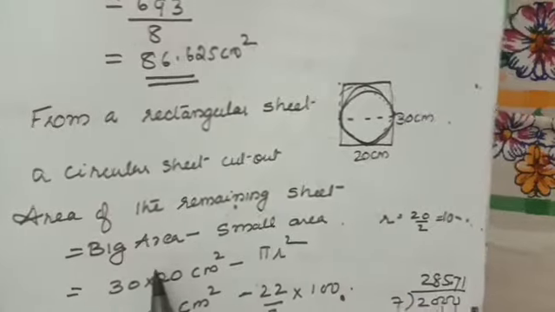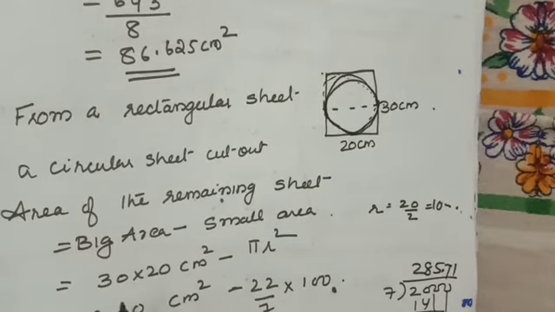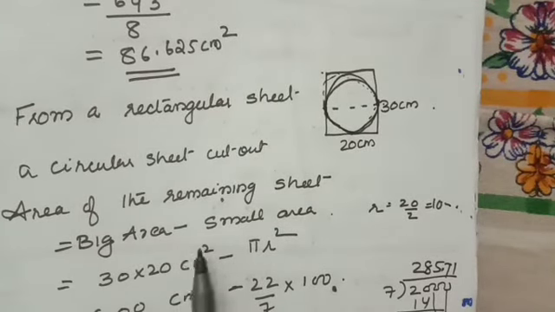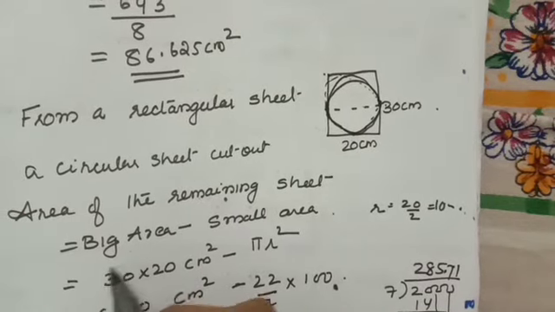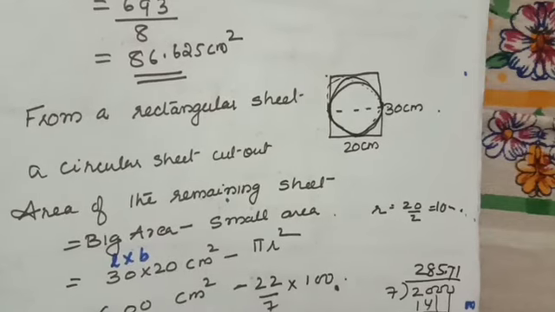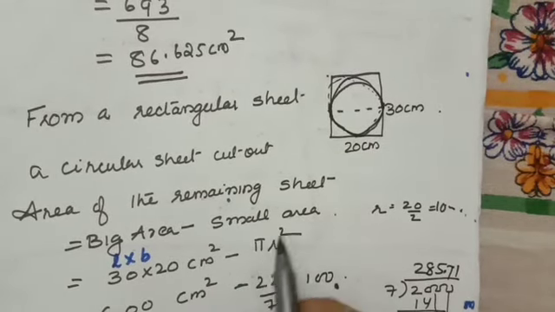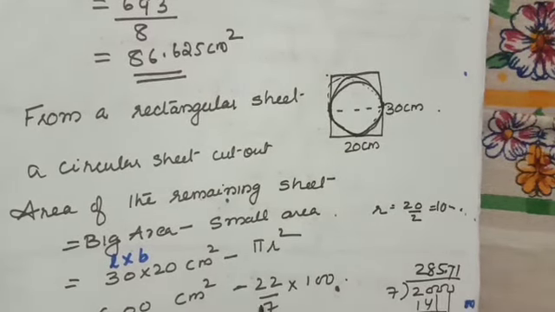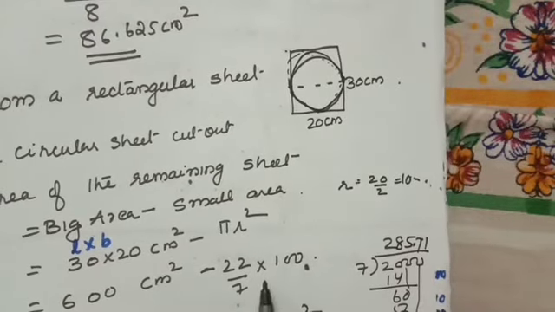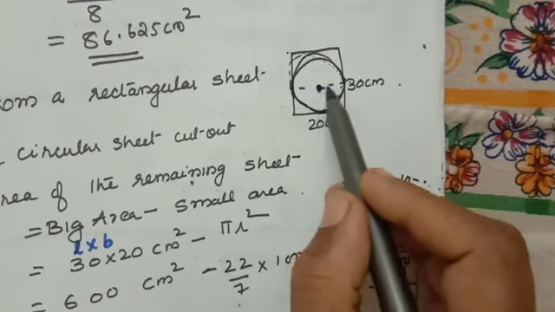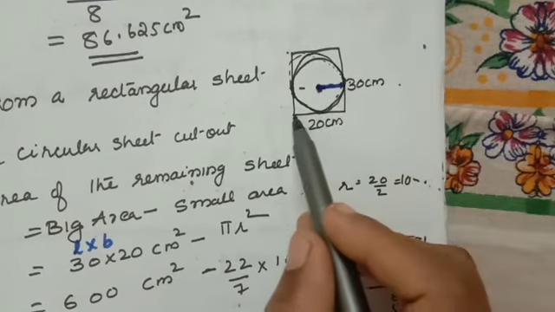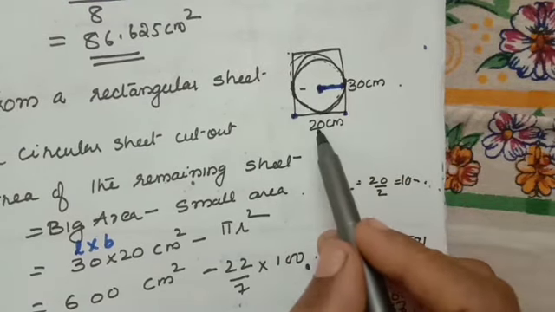Big area: length and breadth given, 20 and 30. Area of the rectangle equal to length into breadth. So length is 30 and breadth is 20. Here the circle area is pi r square. How much is r? From one side of the circle to the other, the total length is 20.